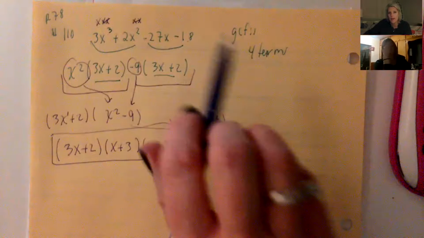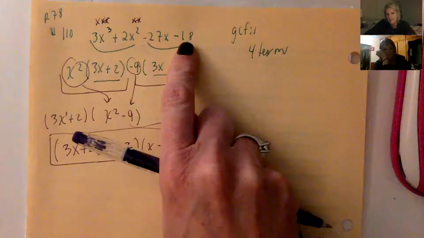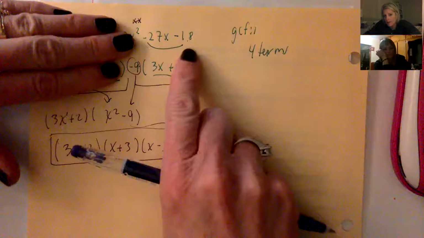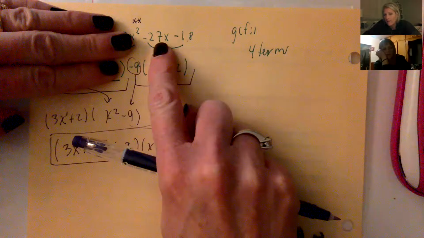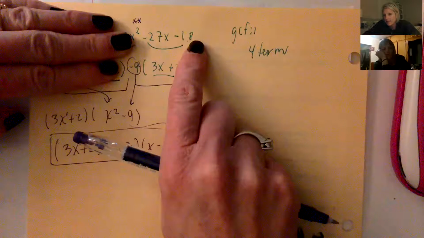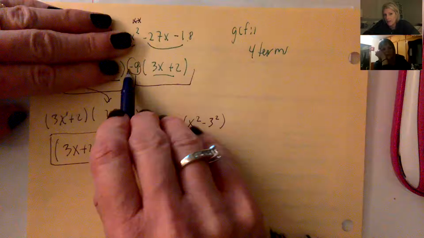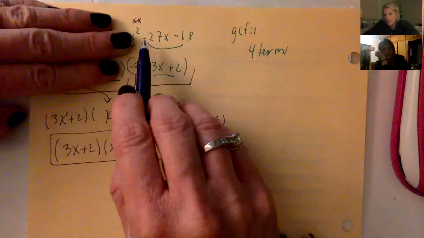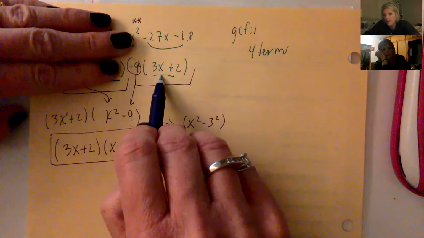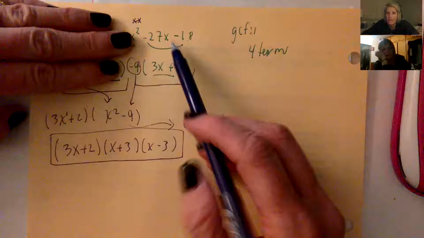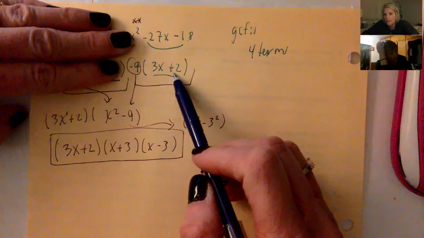Yep. And then the 2 terms over here, the negative 27x minus 18. Now I'm going to cover this up and ask, what do they have in common? They have a factor of 9 in common, a negative 9. So I'm going to factor out the negative 9. Negative 27 divided by negative 9 leaves a 3x, and negative 18 divided by negative 9 leaves a plus 2.